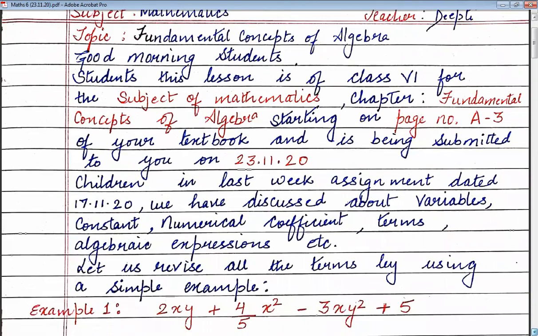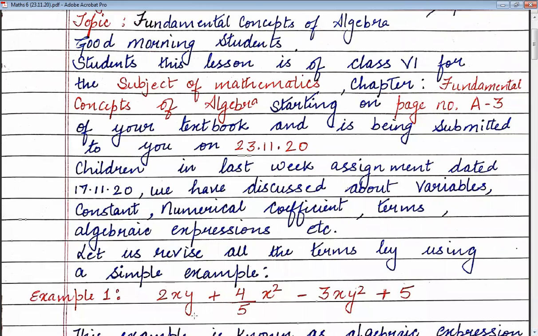Now, the first example is 2xy plus 4 upon 5 x square minus 3xy square plus 5. Let us repeat the expression one more time: 2xy plus 4 upon 5x square minus 3xy square plus 5.